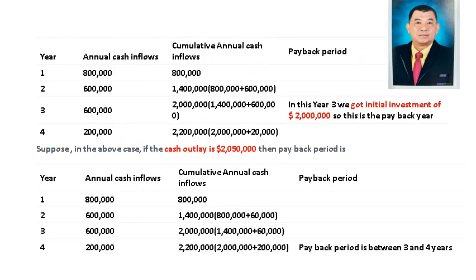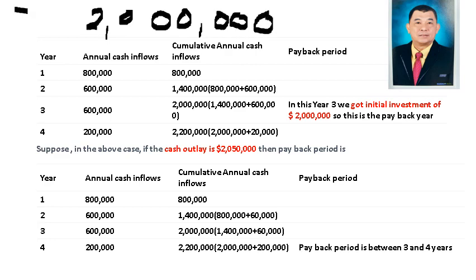Okay, so here, still, our initial capital investment is 2 million. Same given. This is our initial capital investment or cash outflow. All right.